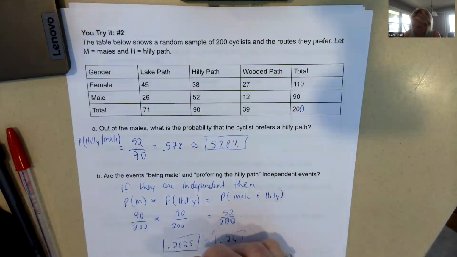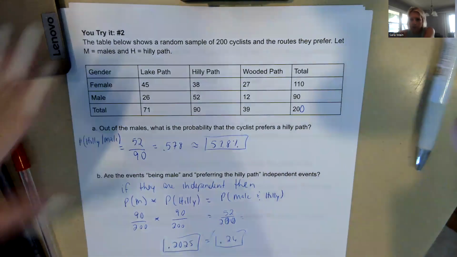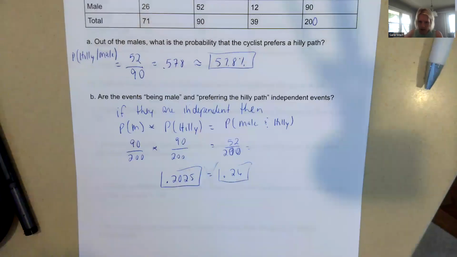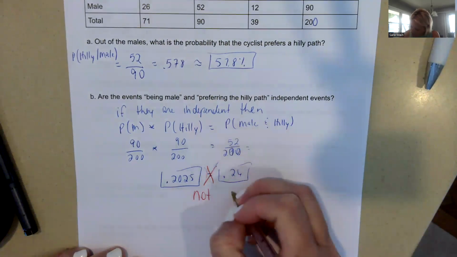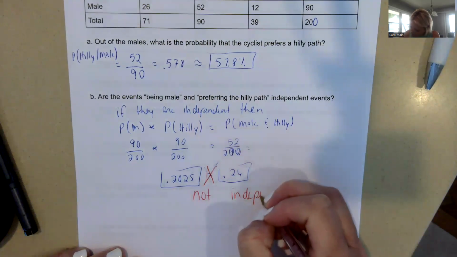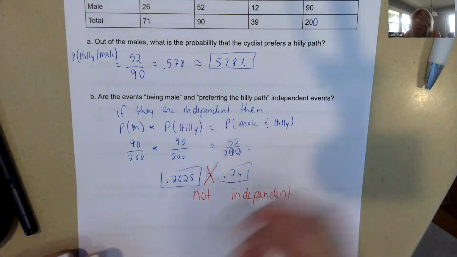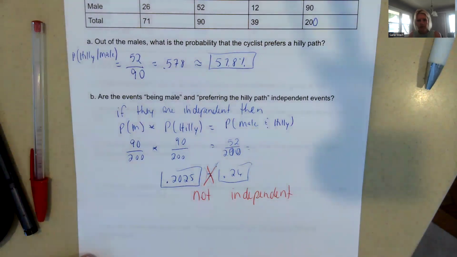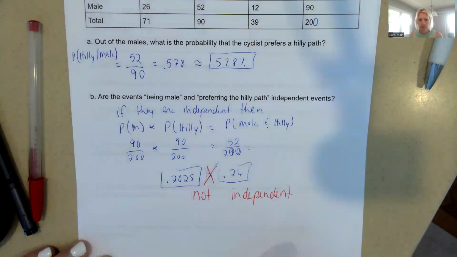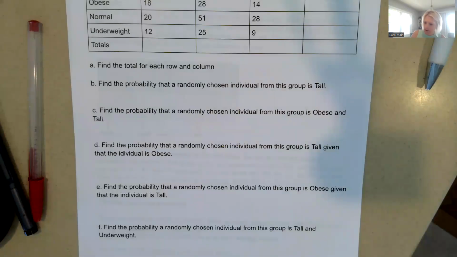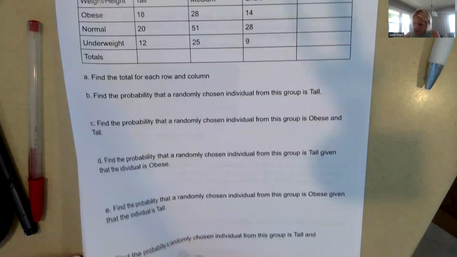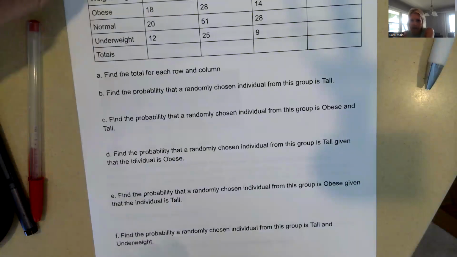So those are not equal, so they are not independent. So that must be true for them to be independent events. So let's look at the next few here.